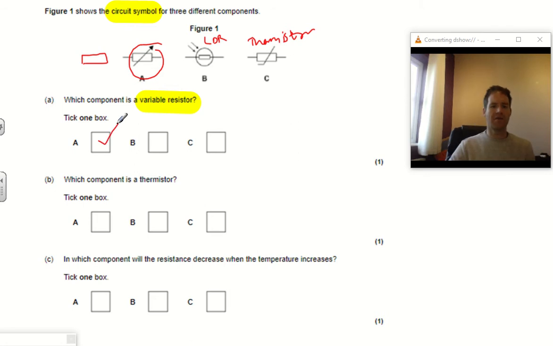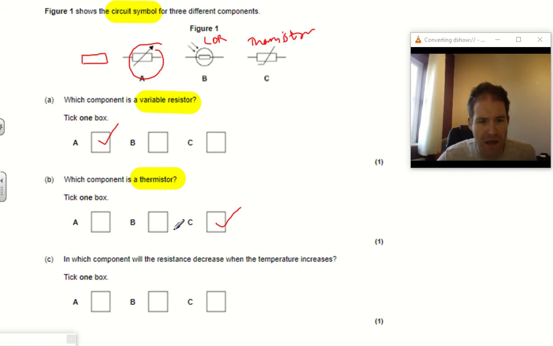Okay, then it says which component is the thermistor. Well, we've already looked through that, so we're saying C, just double checking. So we're going to highlight again, so we're just going to double check because we need to make sure we don't make a silly mistake. So a thermistor, now I've written on them which I thought was a thermistor, so I'm choosing C. And then finally it says which component will the resistance decrease when the temperature increases.